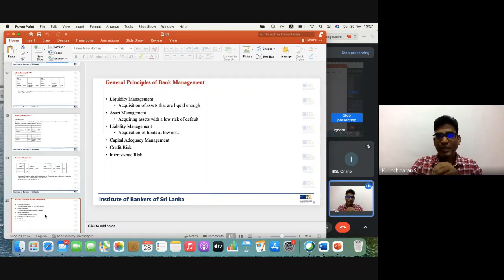You might have seen in your banks there would be a committee to look into these items. What is the name of the committee? Anybody? What is the committee in your bank that looks into managing liquidity, assets, liabilities?